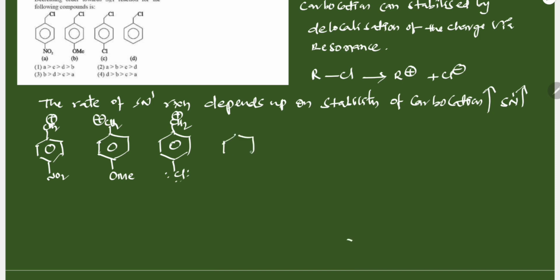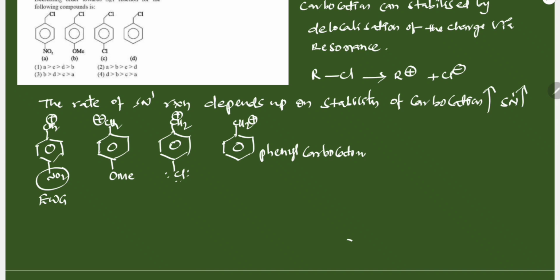Now CH2 plus is a benzyl carbocation. Now look at NO2. NO2 is an electron withdrawing group.